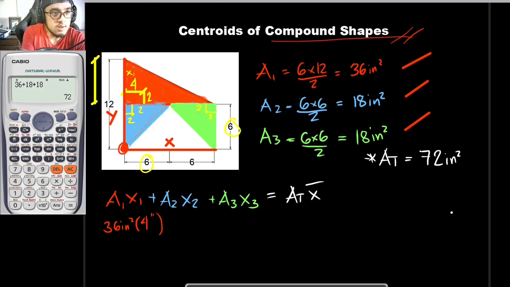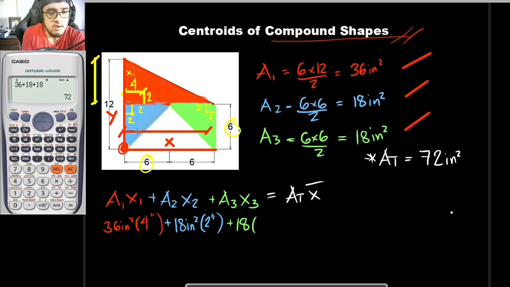So plus area 2, and our area 2 is equal to 18 square inches, and our x2 right here is equal to 2 inches. So plus area 3, which is also 18, times the lever arm. The lever arm would be the distance from this point to the center of this triangle, which is this.